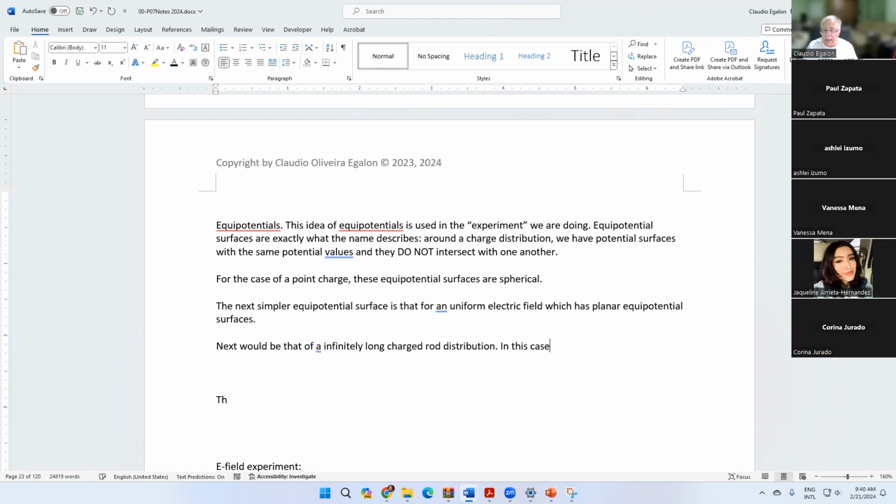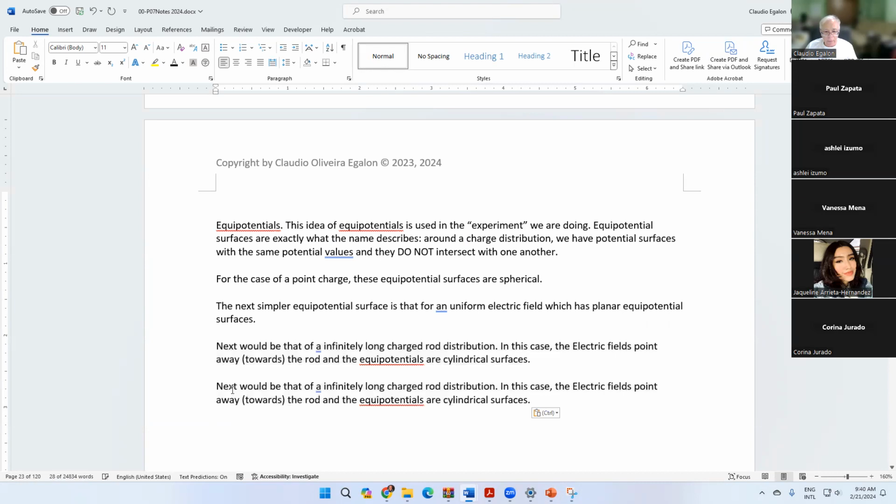In this case, the electric fields point away or towards the rod, depending on whether it's positive, and the equipotentials are cylindrical surfaces. Okay?